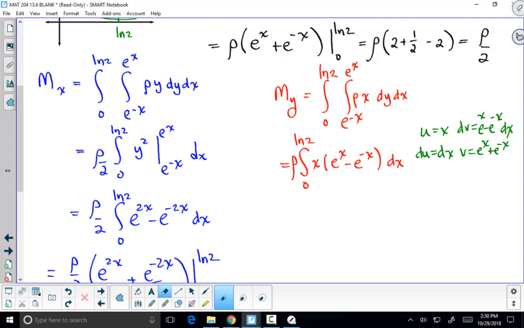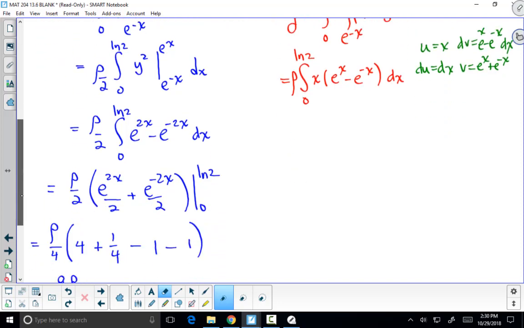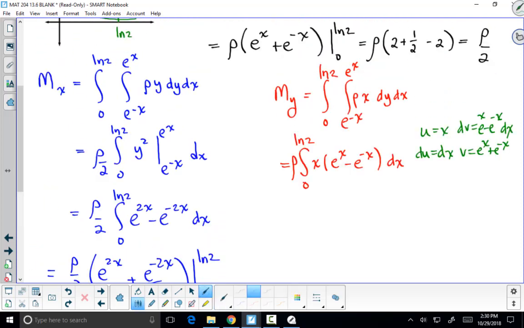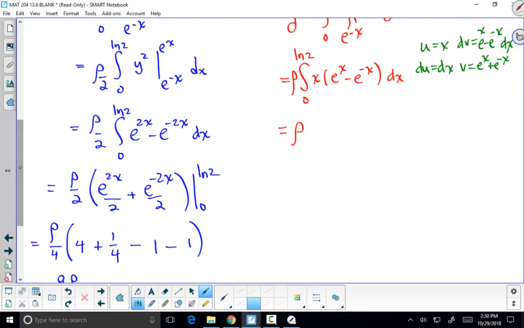All right, we're ready to apply it. So we have rho multiplied by uv. uv is x multiplied by e to the x plus e to the minus x. uv minus the integral of v du.